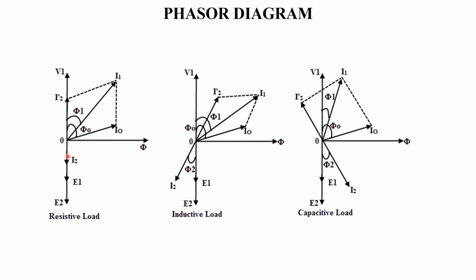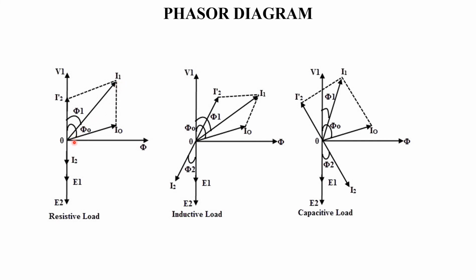I2 will flow through the circuit. I2 will be in phase with E2 because this is a resistive load. We know that V1 and E1, and E2 and V2, are 180 degrees apart from each other, so we can draw it like this.